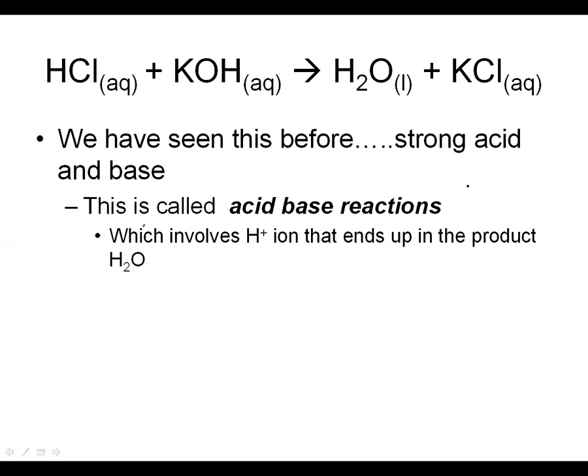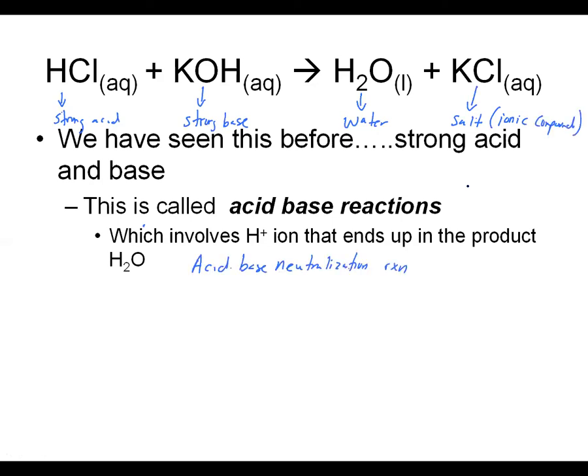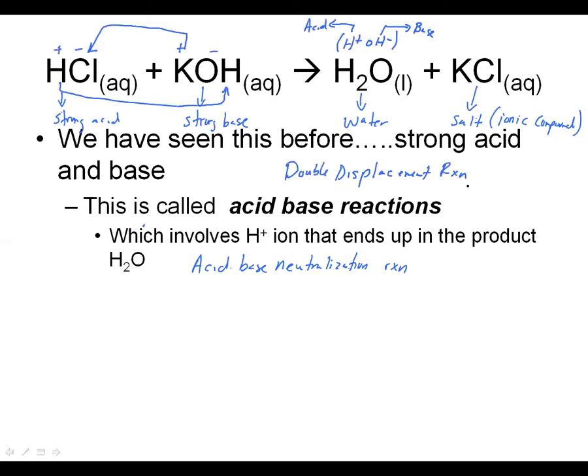You always make water, and you always make something which is an ionic compound, referred to as a salt, which is a fancy word for an ionic compound. And this one, when you take a strong acid and strong base together, is sometimes referred to as an acid-base reaction.